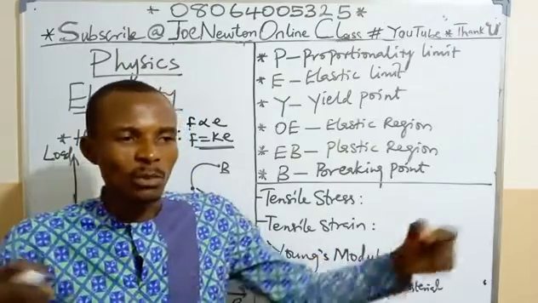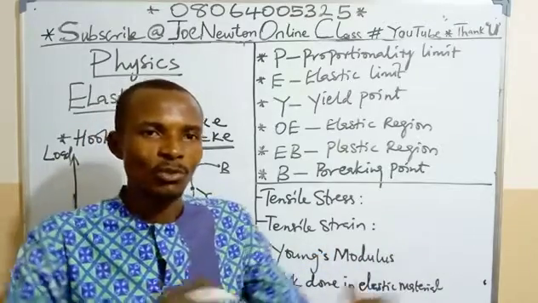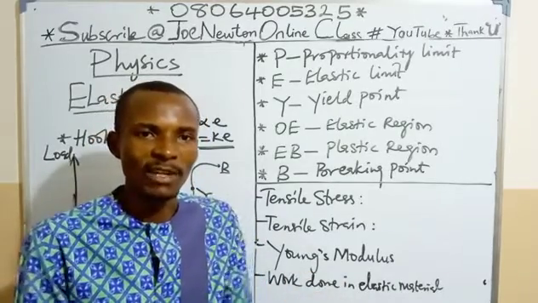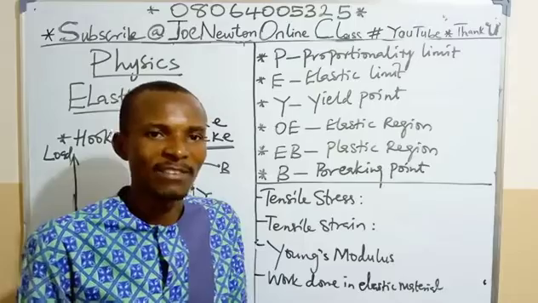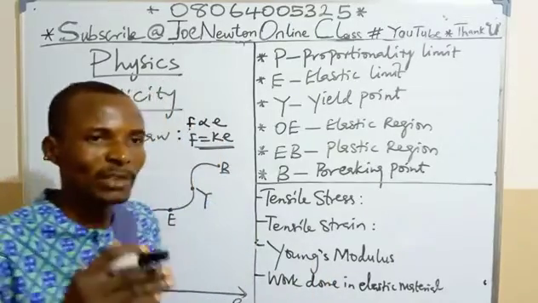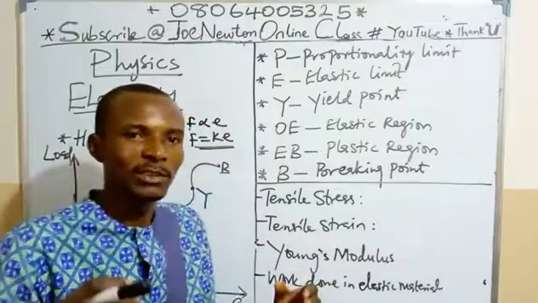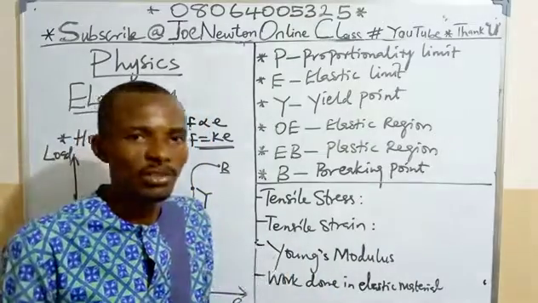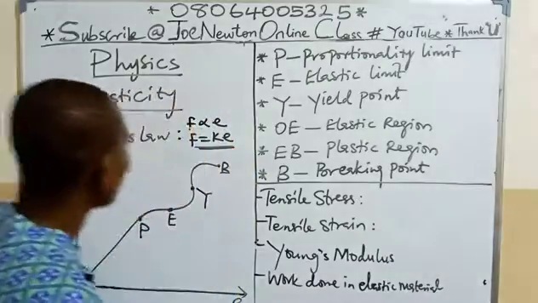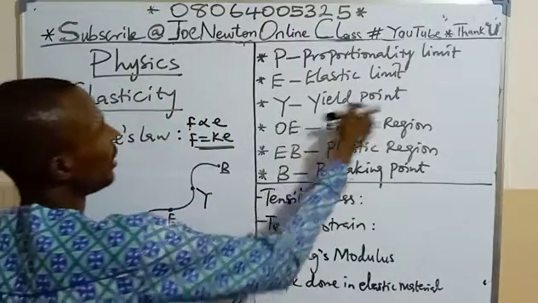There will be a point when you stretch it more, you overstress it, then it will no longer return to its original shape and size. By that time, it has exceeded its elastic limit. So that point, beyond which the material cannot return again to its shape and size, is known as what? The elastic limit.